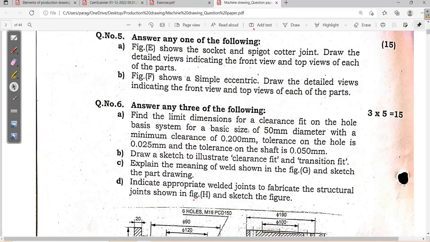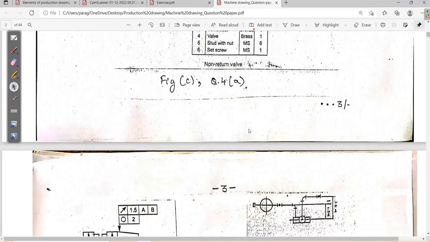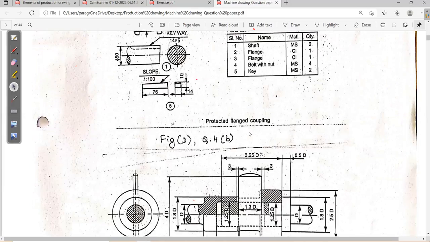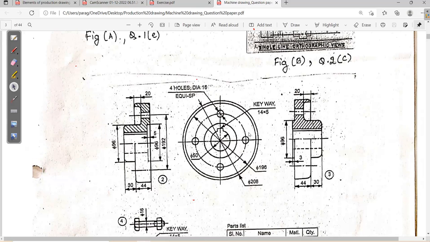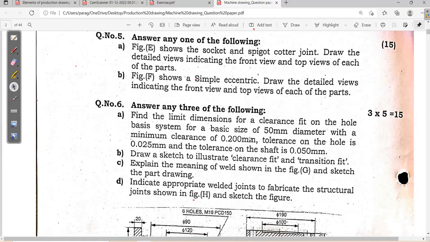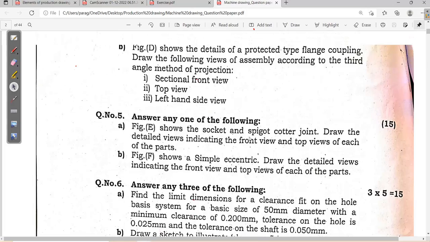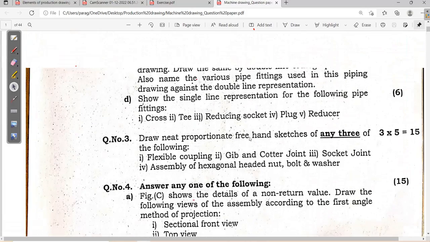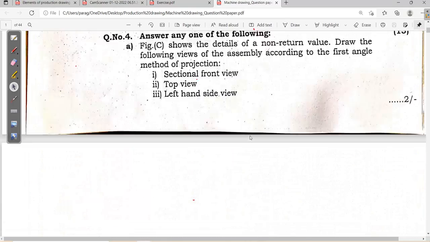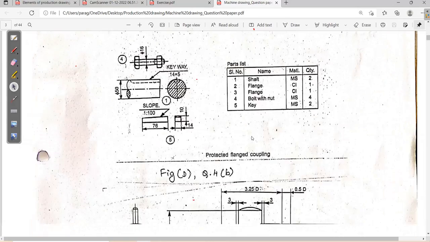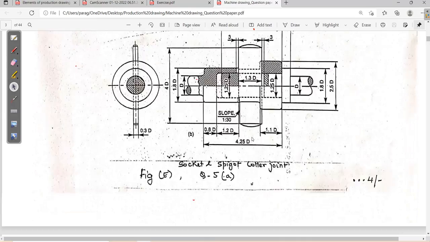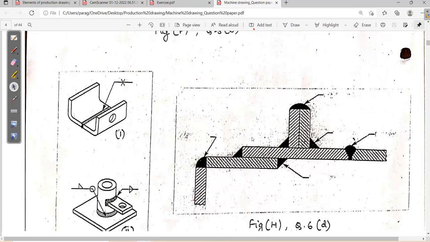Next, I think there was one question on this. Okay, so next question paper.